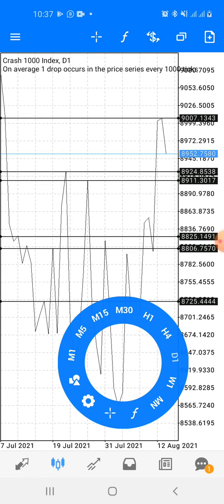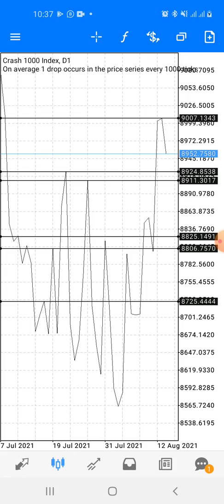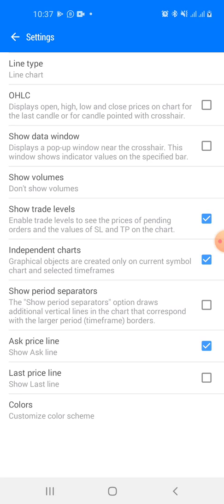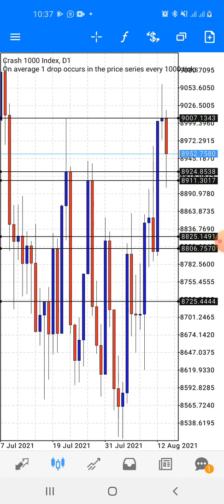So let me go back from the line chart to the candle chart, so I can see it very well and not miss much of it. Okay, we have it. It picks this one. Which one again?